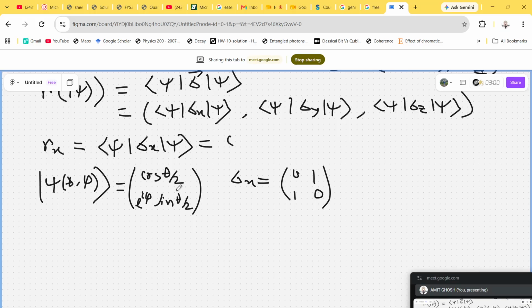I have already calculated this one. This was coming out as cos(theta/2) e^(i phi) sin(theta/2) plus e^(-i phi) sin(theta/2) cos(theta/2).